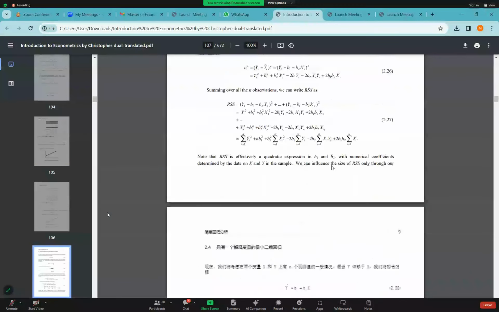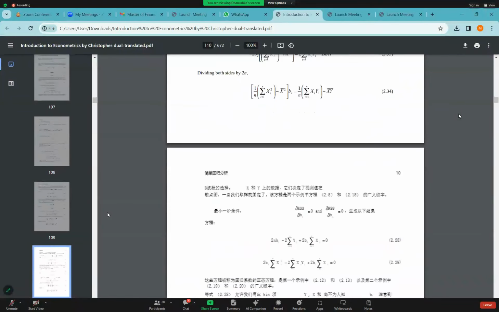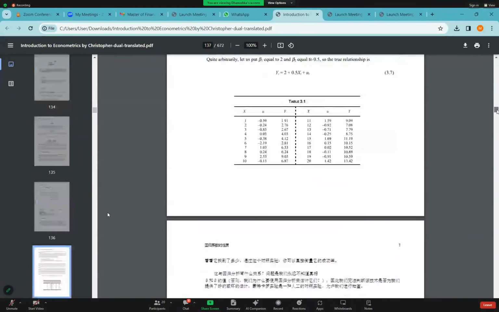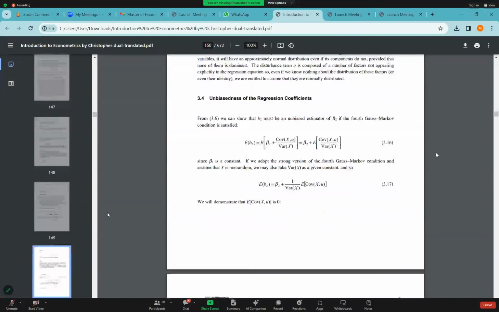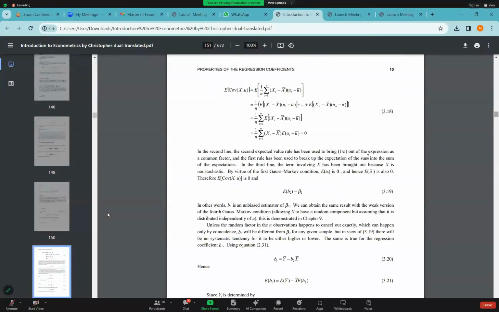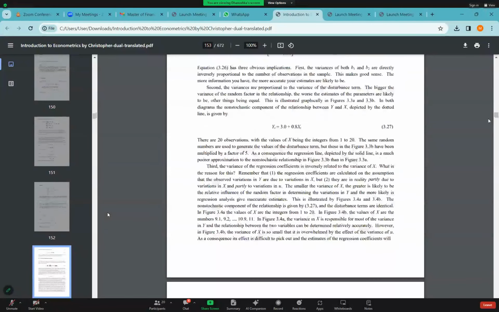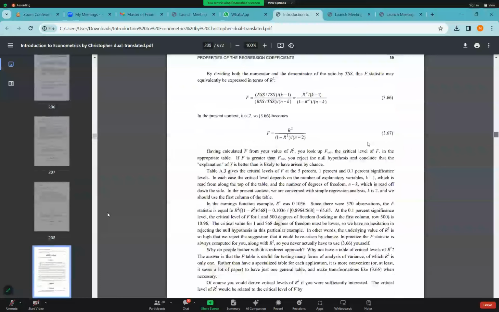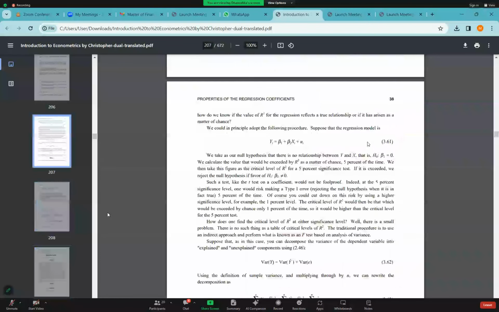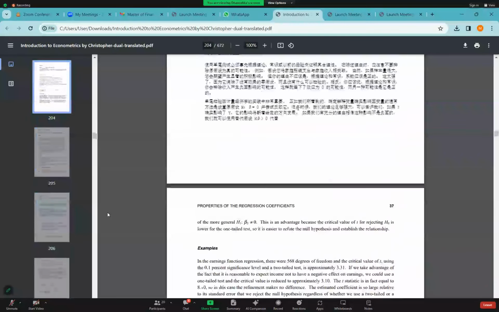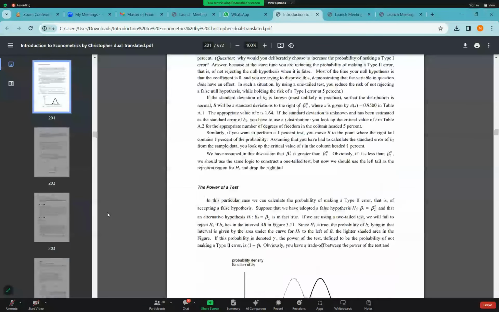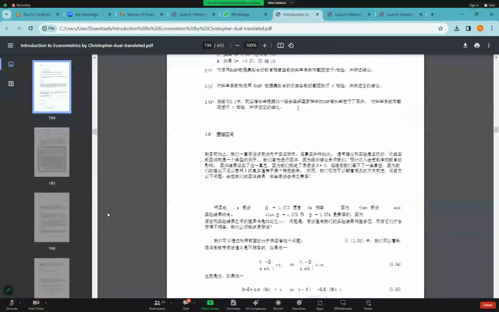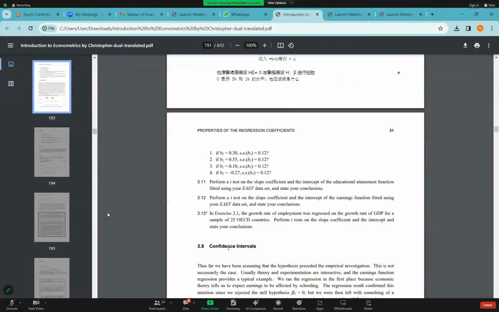These things we discuss, and then you can see the confidence interval.